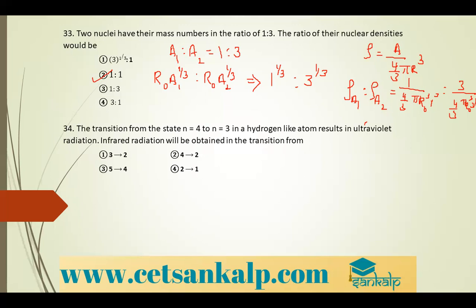For infrared radiation, the energy gap should be less. So the only option is 5 to 4. Infrared radiation will be obtained in the transition from 5 to 4.